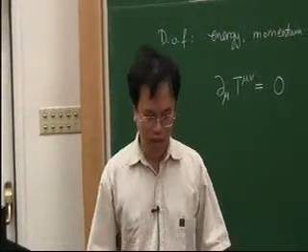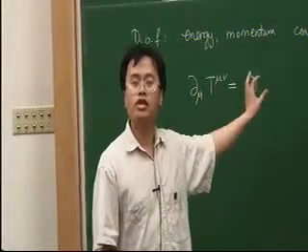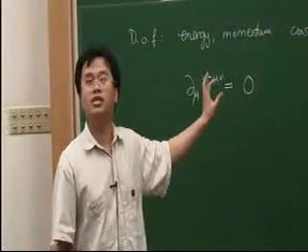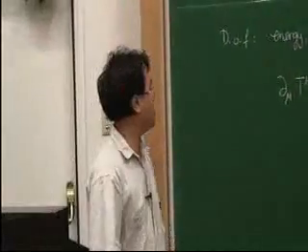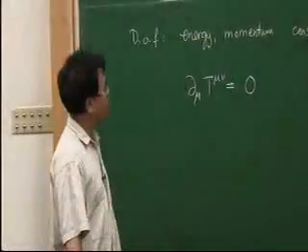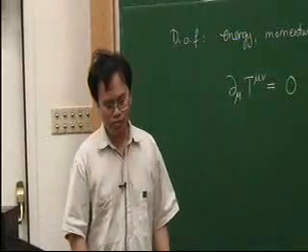But here I am proceeding in the standard way, using the formulation in terms of the equations of motion instead of an action principle. So I'm writing down here the equation of motion for hydrodynamics: d_mu T^{mu nu} equals 0.